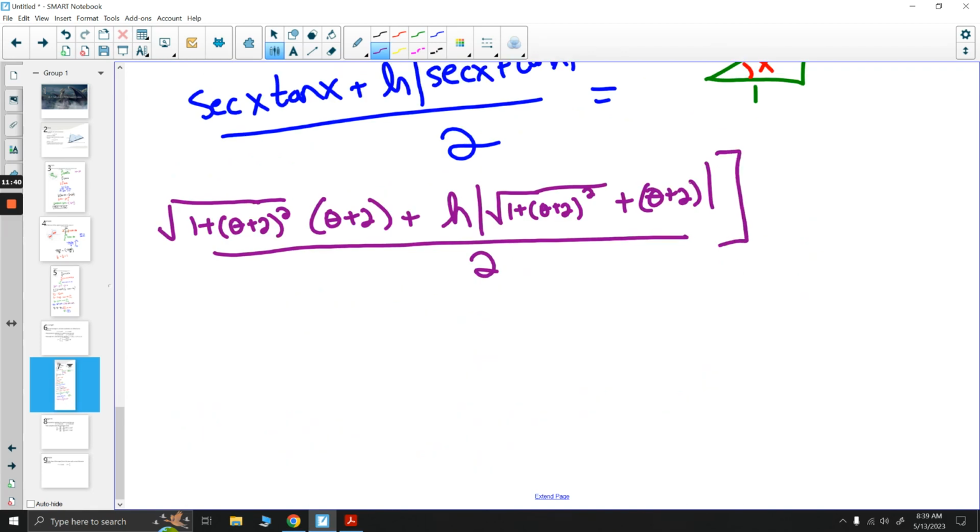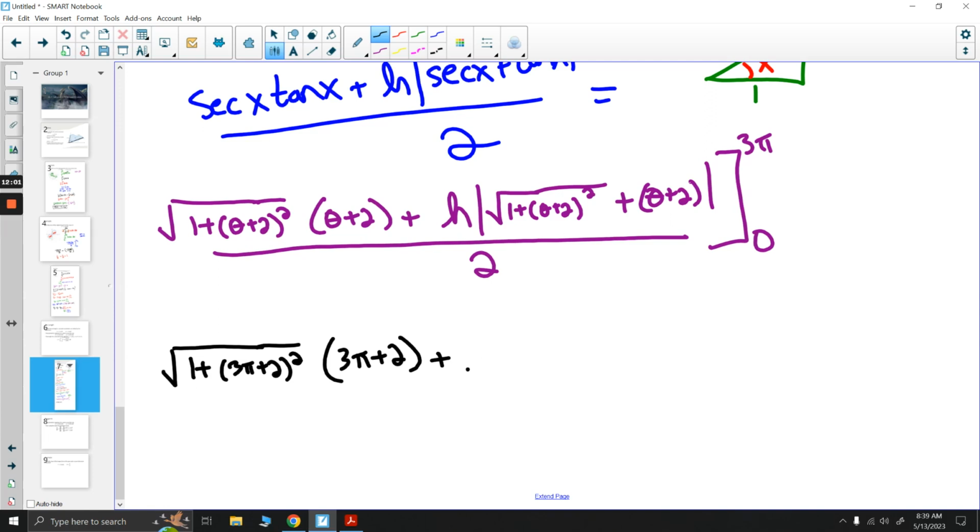And we are going to take this now from 3 pi to 0. So if we plug in 3 pi into this, we have the square root of 1 plus (3 pi plus 2) squared, times 3 pi plus 2, plus, this is going to be an ugly form, ln absolute value of the square root of 1 plus (3 pi plus 2) squared, plus 3 pi plus 2.